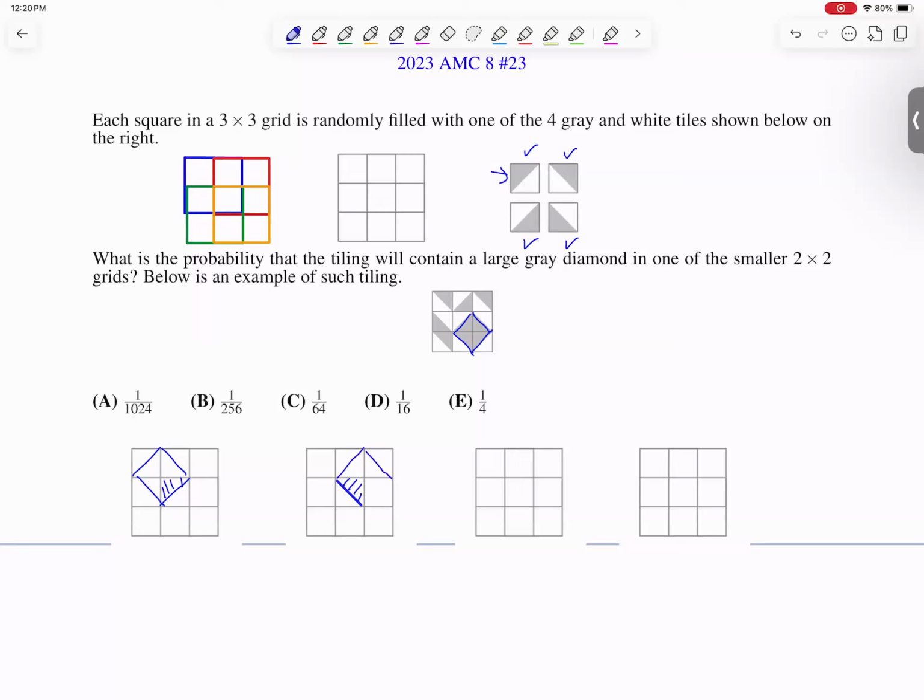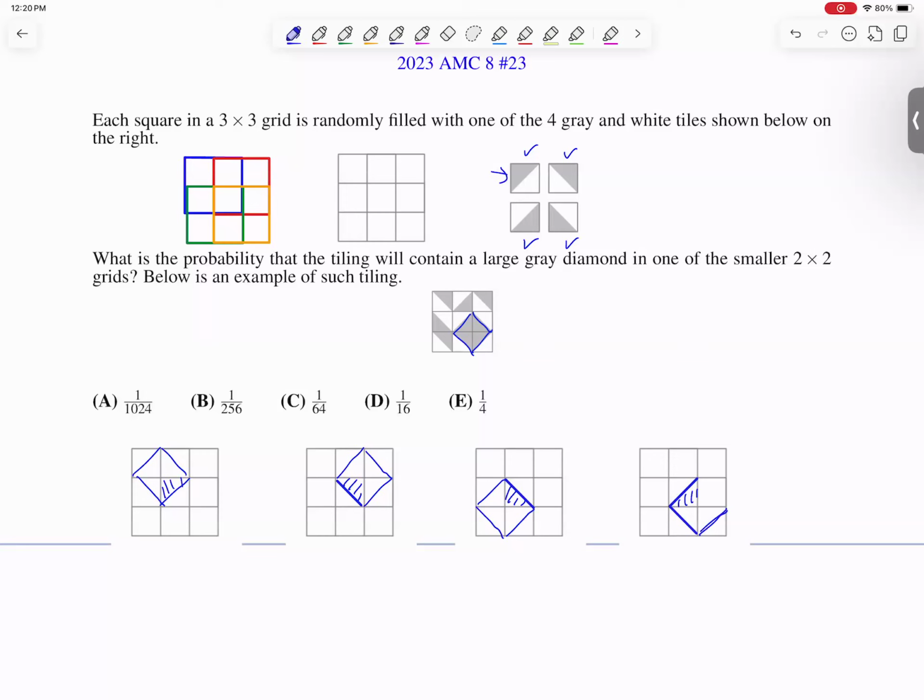To get it in the lower left corner, the center cell must be shaded in this orientation. And finally, to get it in the lower right corner, the center cell must be shaded in this orientation.